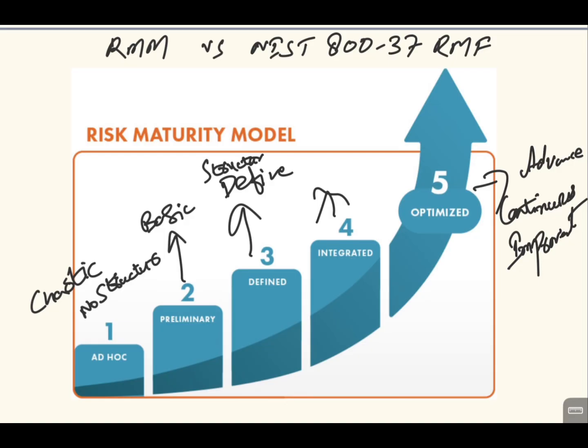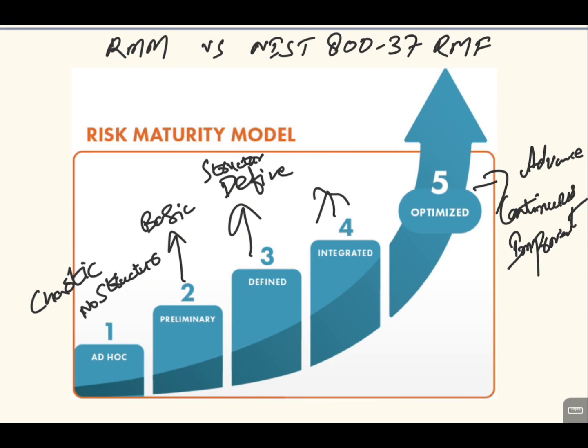Lower RMM levels mean RMF implementation is weak, inconsistent, or reactive. Security is something which is proactive, right? Higher RMM levels lead to a proactive, well integrated RMF strategy.